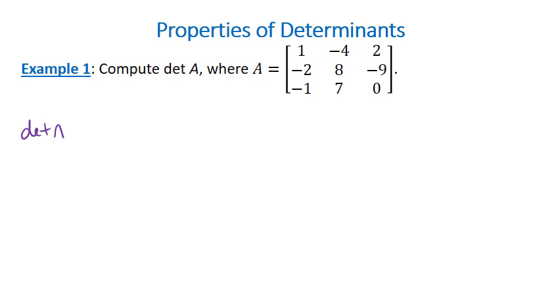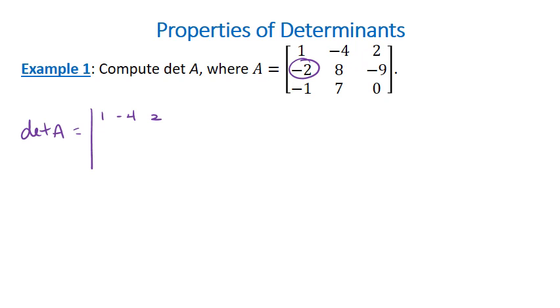The determinant of A is found by the following. Let's go ahead and make this 0 first. So I'll make that 0 by multiplying the first row by 2 and adding it to the second row. So the first row remains the same.